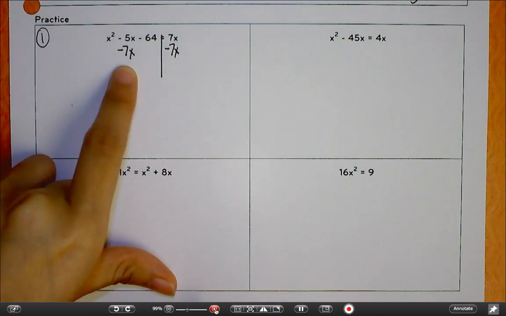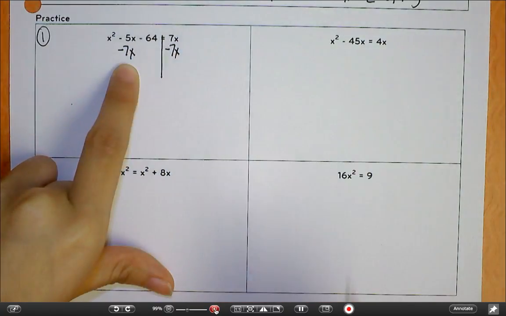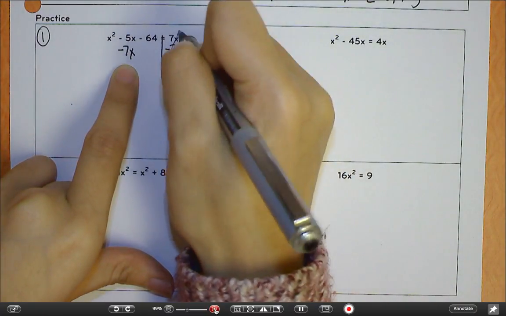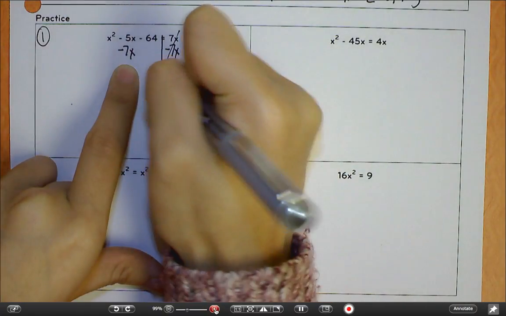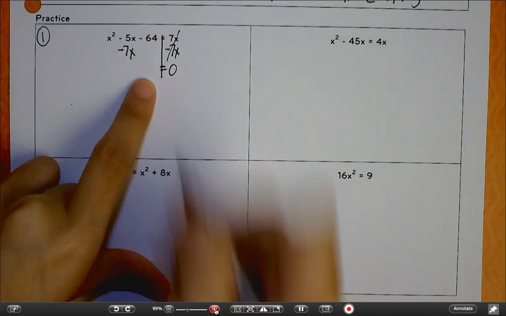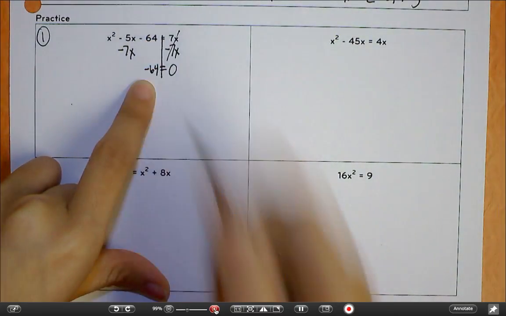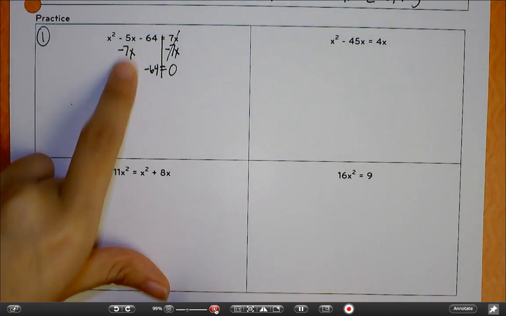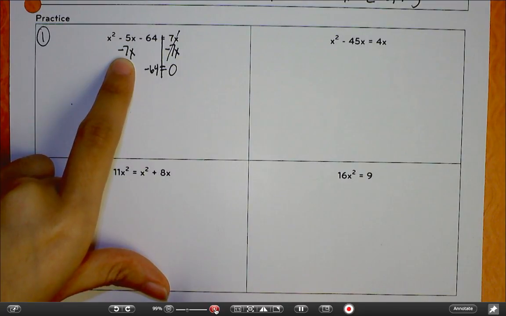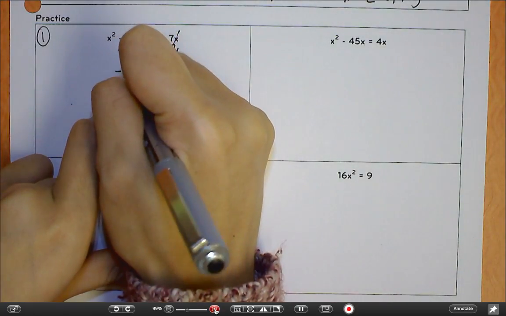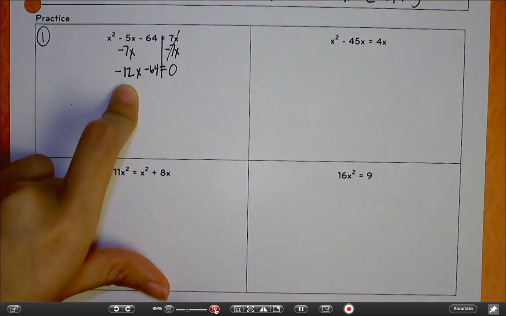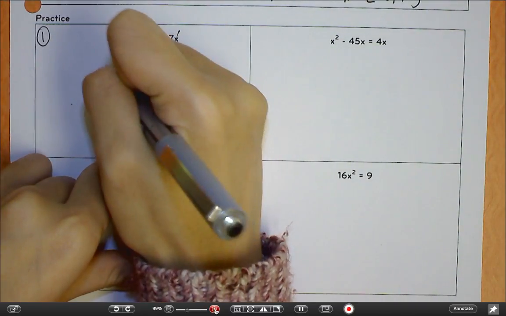What I do to one side, I do to the other, and I wrote it underneath its common term. This cancels out. I have 0. Bring down the equal sign. Nothing's happening here. That stays the same. Negative 5 minus 7 is going to give me negative 12. Bring down my variable. And x squared stays the same.